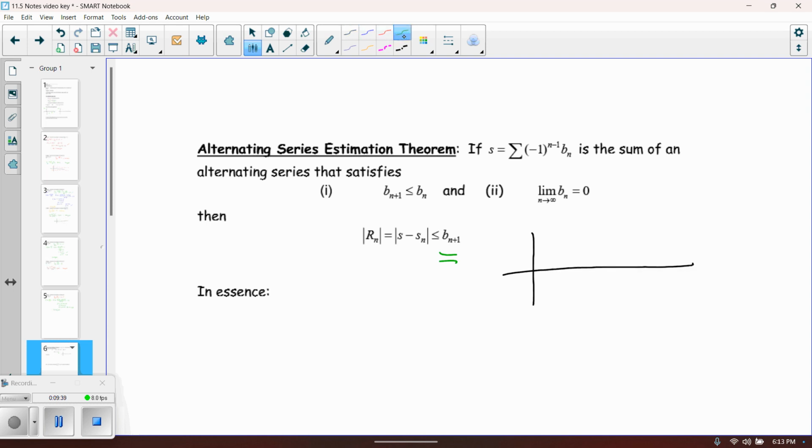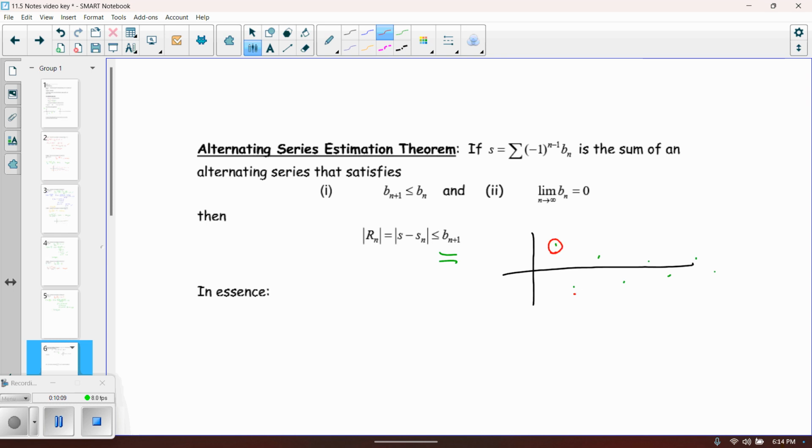So let's say we have an alternating series, and I'm not going to go a ton of terms out here, but maybe it's going to do this, and it is fitting the criteria of an alternating series that is convergent because it's getting closer and closer to 0 as we go back and forth across the x-axis. Well, maybe I want to figure out what the remainder is for the first 5 terms.